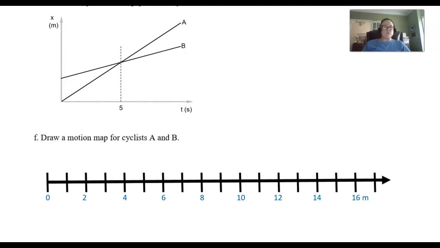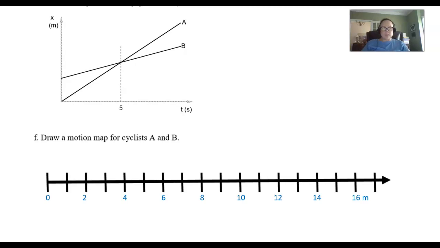And I'm going to first show the motion map for cyclist A. I'll draw A's motion map above this scale. I'm going to draw B's motion map below the scale. Now for cyclist A, I know that at time 0, cyclist A is at position 0. So my first dot is going to occur at position 0.